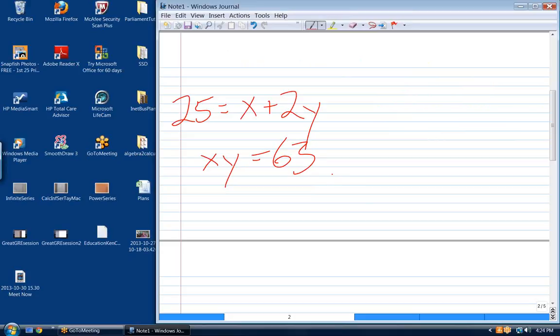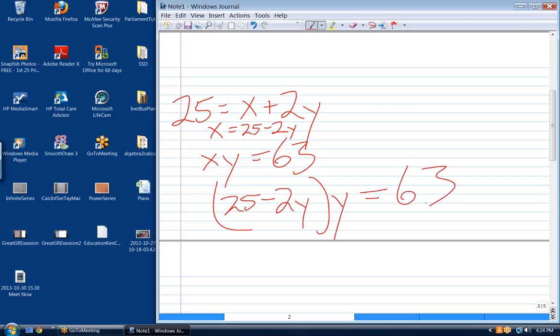So you could subtract the 2y. That makes x equal 25 minus 2y. Now we're going to do what? Substitution. So 25 minus 2y times y equals 63.